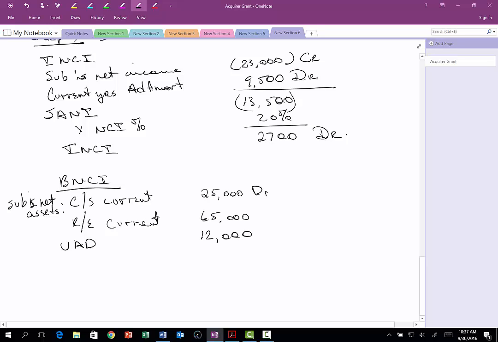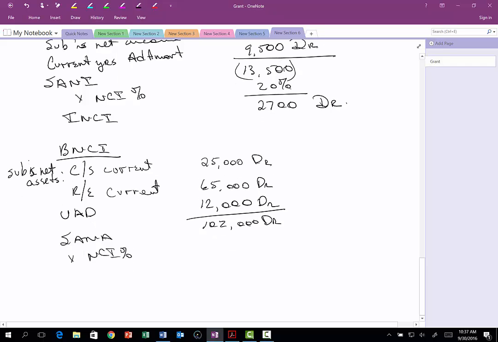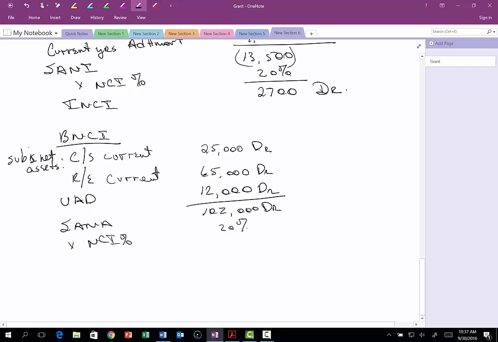These are all considered to be debits. So consequently, now we have SANA equal to 102,000 in a debit position. We multiply by the NCI percent of 20%, and that gives us BNCI.